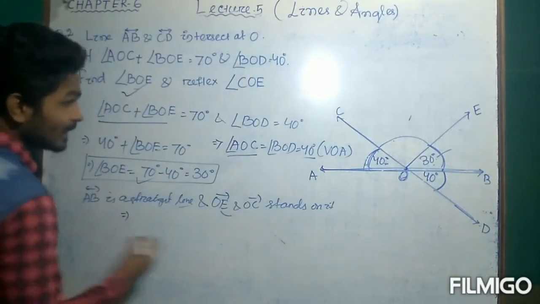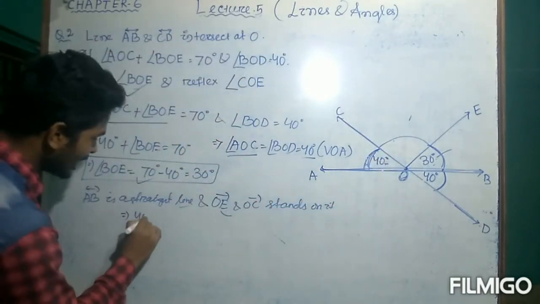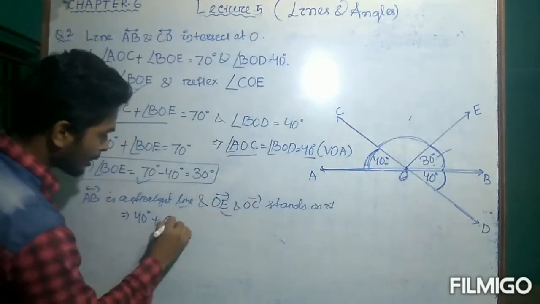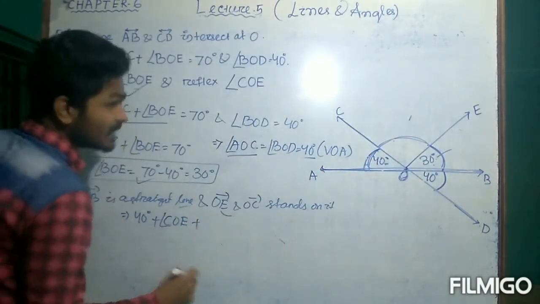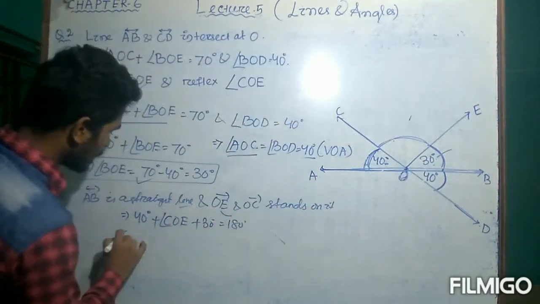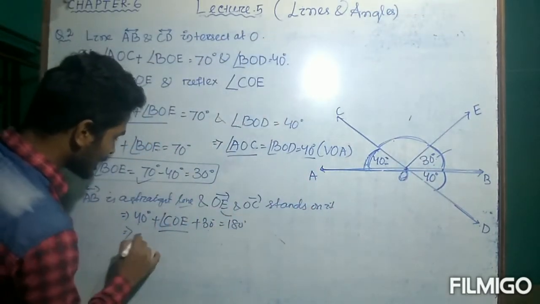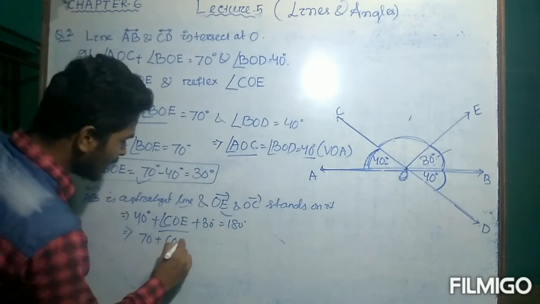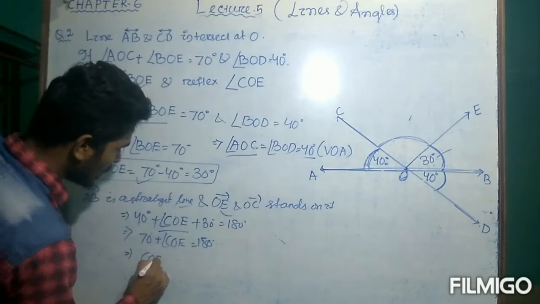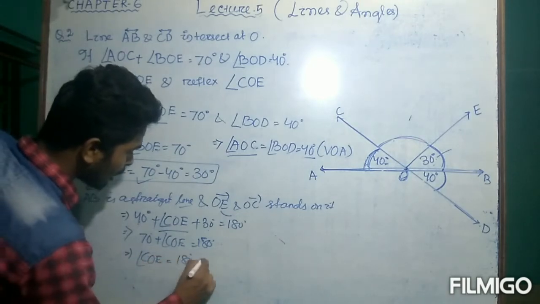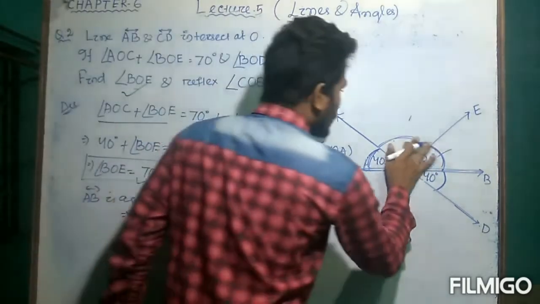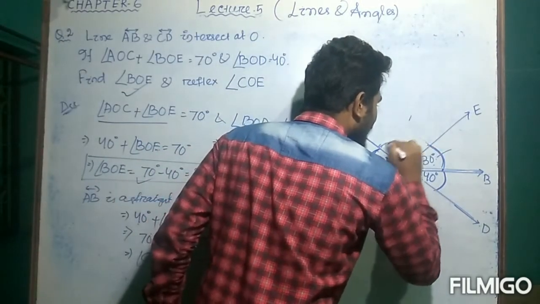So you can write this angle, means 40 degree, plus this angle, means COE, plus this angle, 30 degree, is equal to 180 degree. Understood? So 40 plus 30 is 70, plus COE is equal to 180 degree. COE is equal to 180 degree minus 70 degree is equal to 110. So you find the value of this angle is 110 degree.